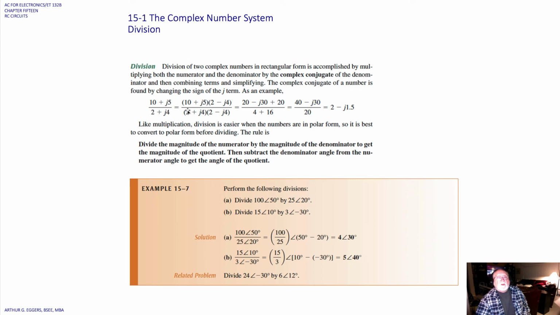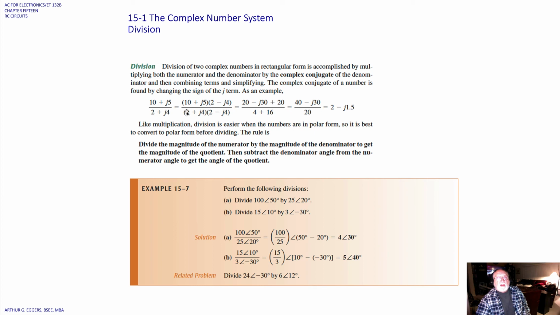Okay, so in doing that, you can see our complex conjugate is 2 minus j4 when we change the sign, and we're going to multiply these two terms together in the parentheses and these two terms together in the parentheses. In doing so, we end up with 20 minus j30 plus 20 for the terms in the numerator. In the denominator, we end up with 2 times 2 is 4, j4 and minus j4 gives us 16.